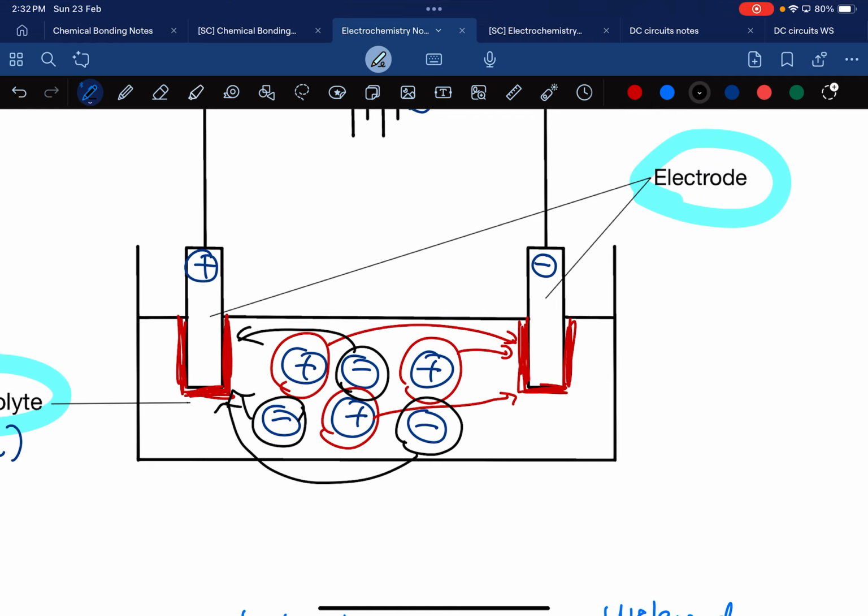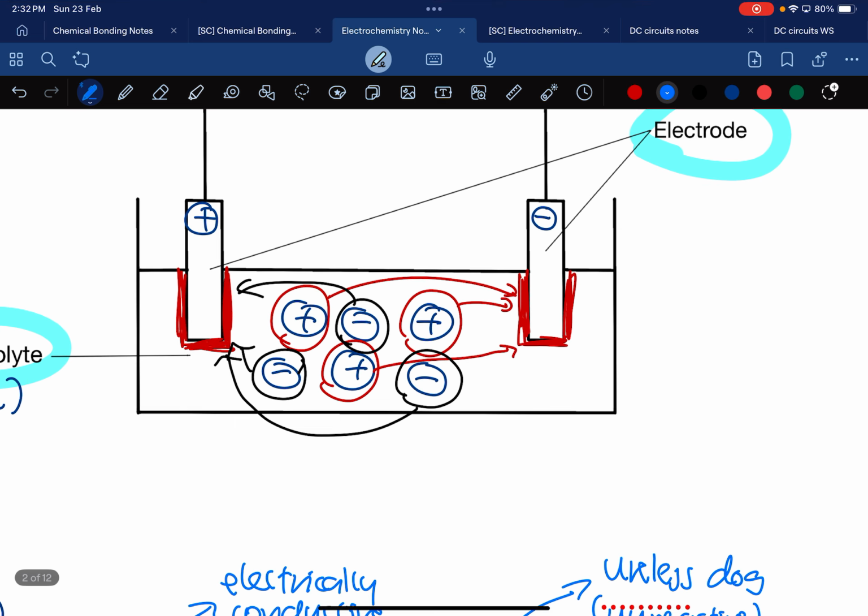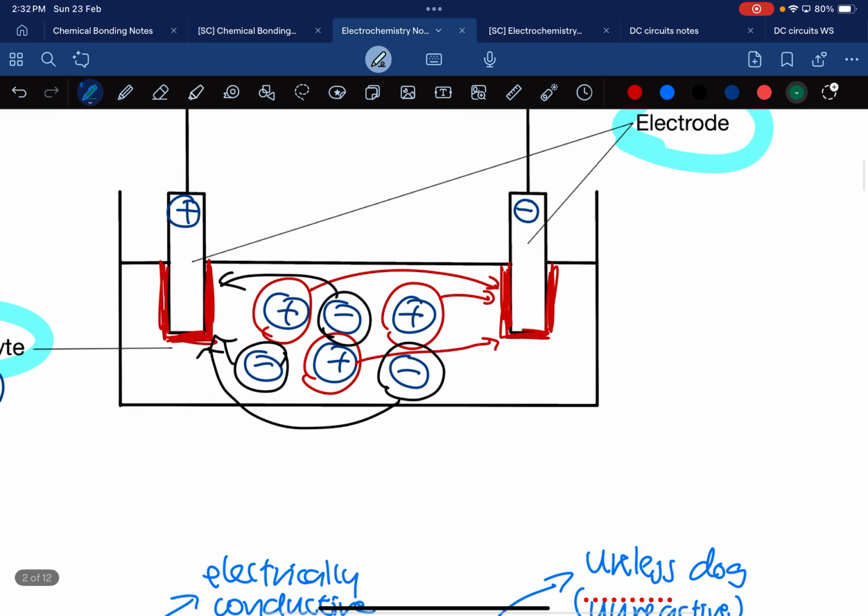Dylan, can you tell me, if you are a positive ion, do you want to become more positive or more negative? You already have a positive charge. More negative, right? You want to eliminate your charge, you want to be stable.